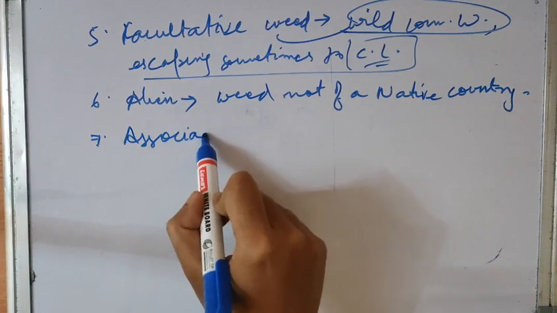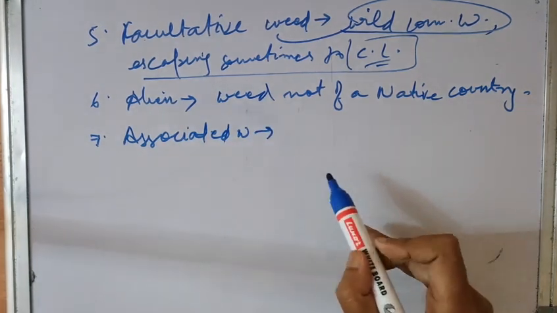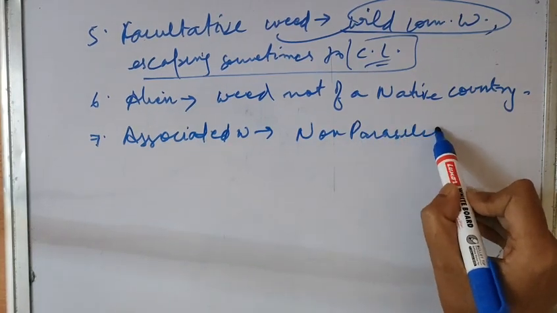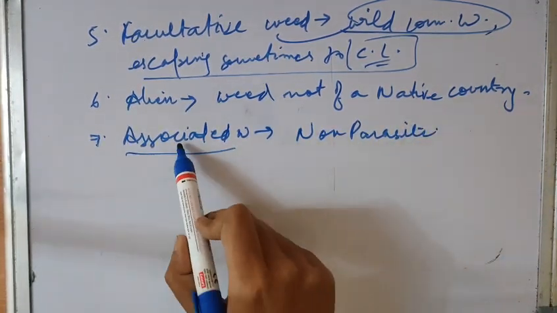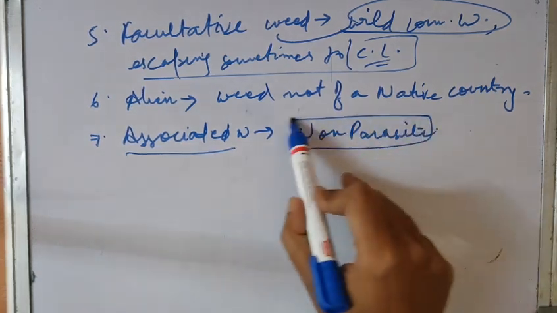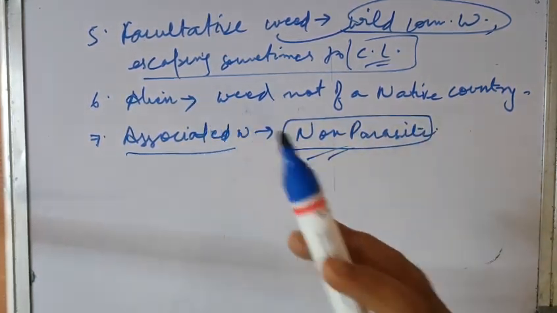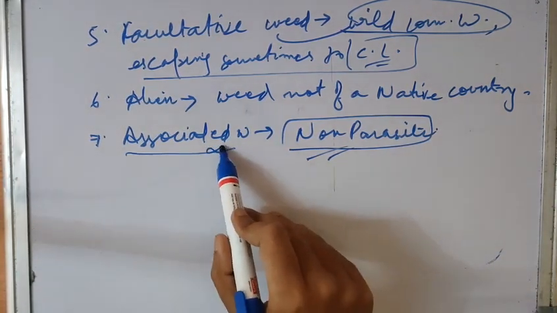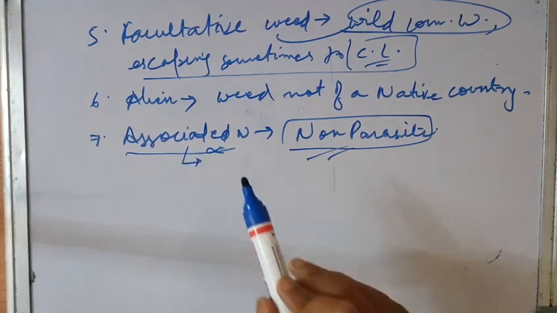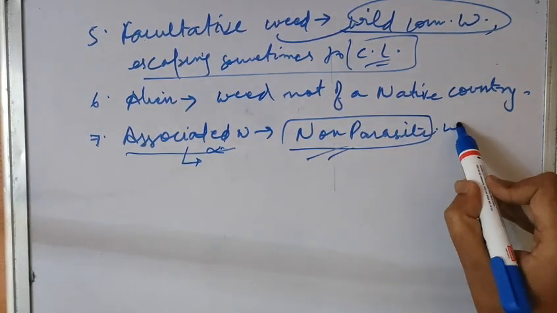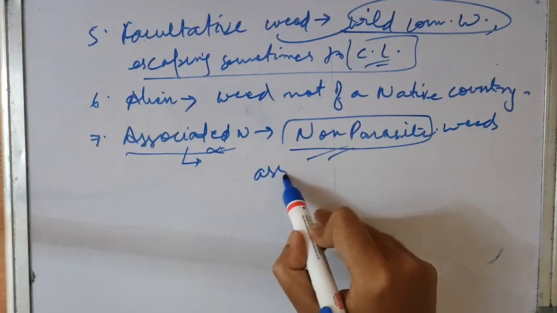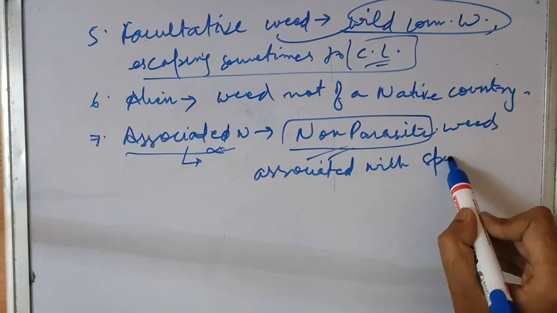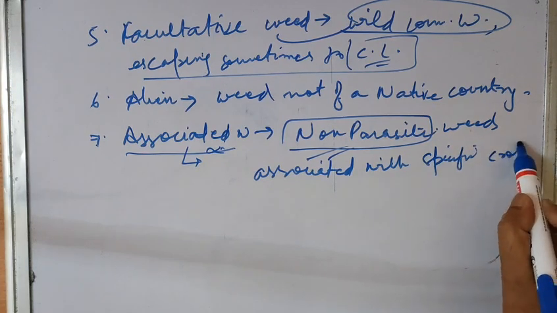Associated weeds. Non-parasitic weeds associated with a specific crop. From the name associated, you can get confused that it is like parasitic, but it is not. It is associated with crops, but it doesn't depend on the crops partially or fully.